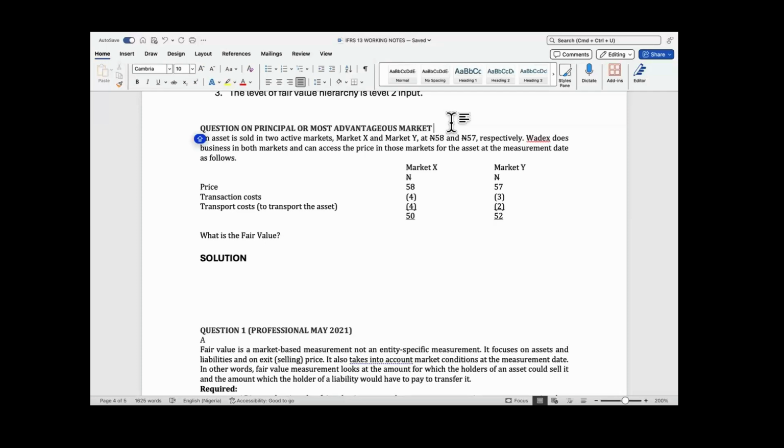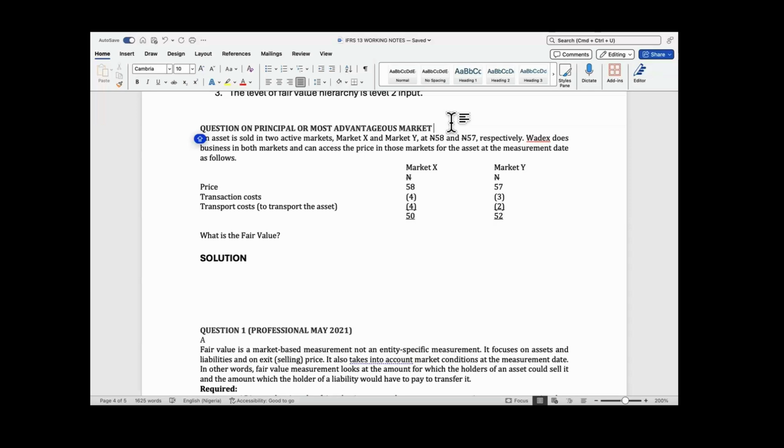Another way, which I've also mentioned as part of the assumptions made by market participants when I was teaching you the introduction, is that fair value is determined in the principal or the most advantageous market. I told you the principal market is the market that has the highest volume of activities on that asset, while the most advantageous market is the market that gives you the highest return on that asset.